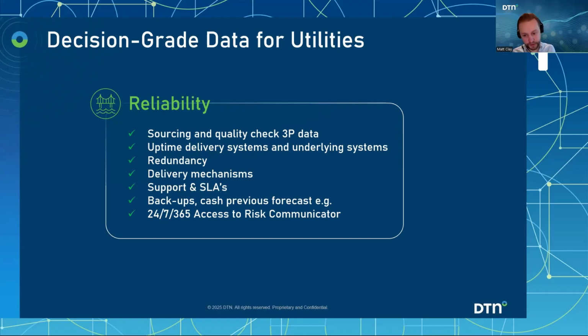And of course, support and SLAs are both important elements when you're actually delivering reliability within the system. But you also want a layer of resilience beyond just the system itself. So knowing that you can pick up the phone, call the company, and be able to access a risk communicator 24/7, 365. That's how you ensure ultimate reliability for decision grade data.